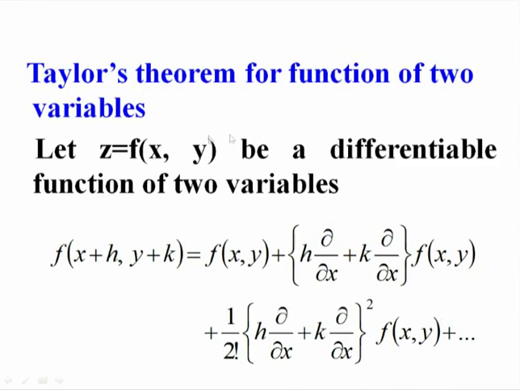Taylor's theorem for a function of two variables can be given as f of x plus h comma y plus k is equal to f of x comma y plus h into del by del x plus k into del by del y, into f of x y, plus 1 upon 2 factorial h into del by del x plus k into del by del y, whole square, for the function f of x y, and so on.